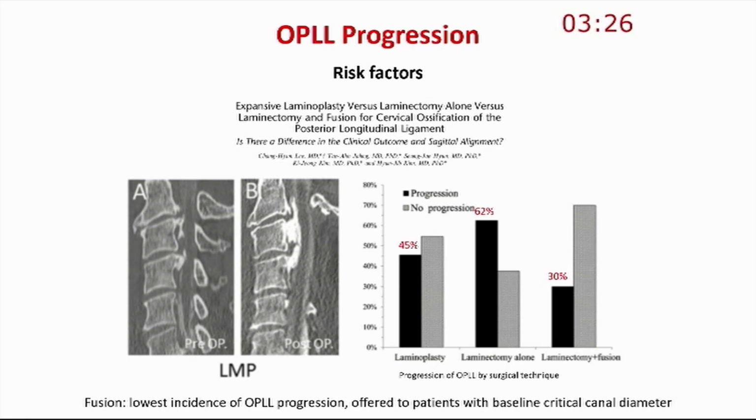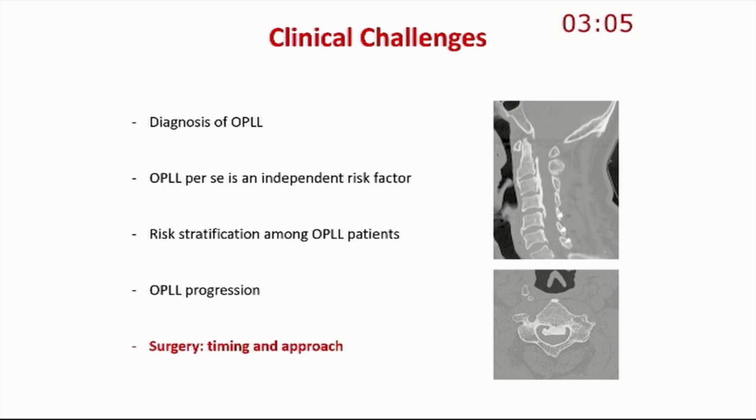And the type of surgery also has a role in the OPLL progression. As you see here, laminectomy alone 62%, laminoplasty 45%, and fusion 30%. So it's, in my opinion, a good criterion to offer fusion to OPLL patients, especially if they are young patients.